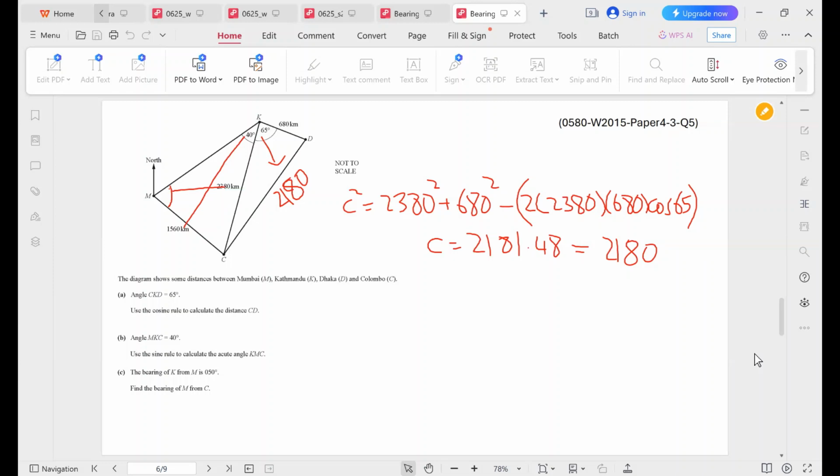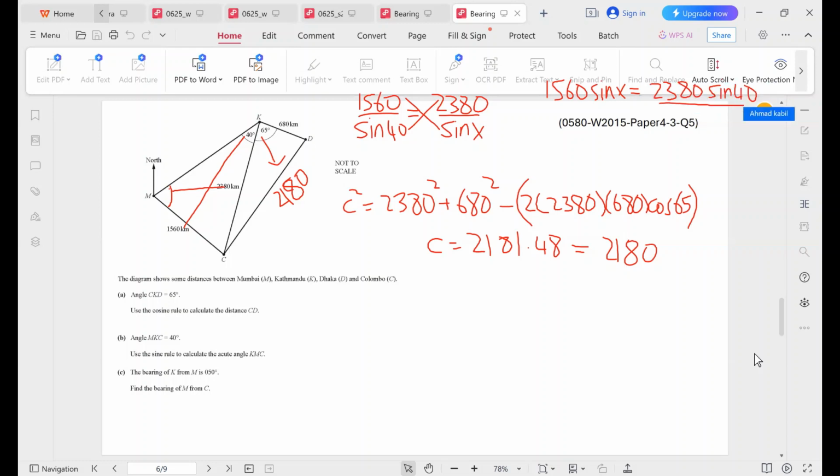Let's write it down. So here we have 1560 over sine 40 equals 2380 over sine x. We cross multiply. So 1560 sine x is equal to 2380 sine 40.